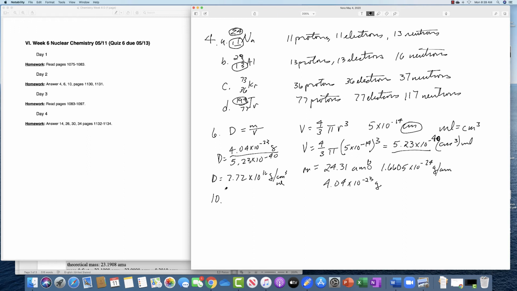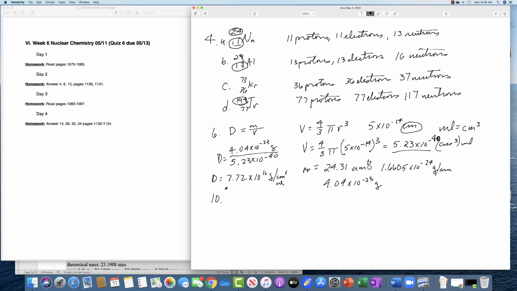And then radium 226, radium is just below barium, with an atomic number of 88. So 226 minus 88 is 138.